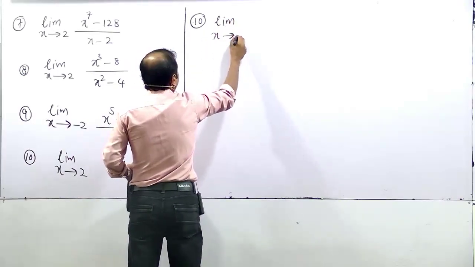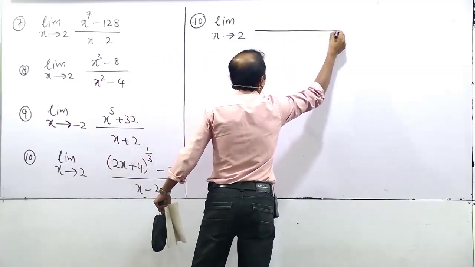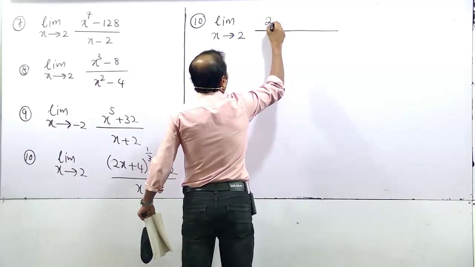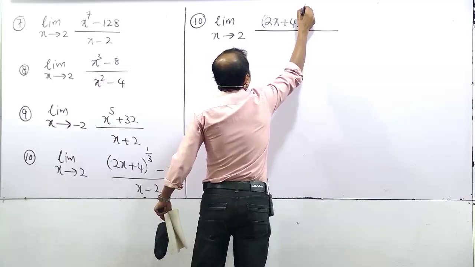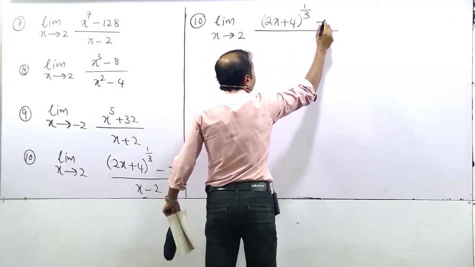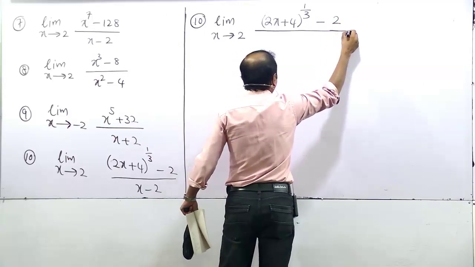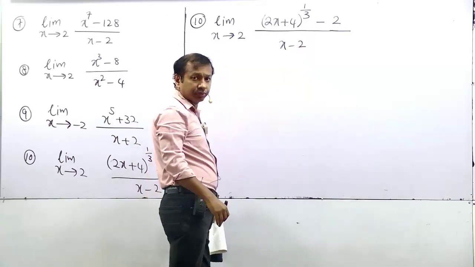Limit x approaches to 2, 2x plus 4 to the power 1/3 minus 2, divided by x minus 2. This way, right?